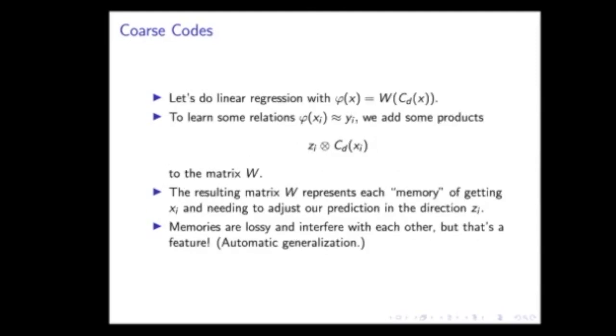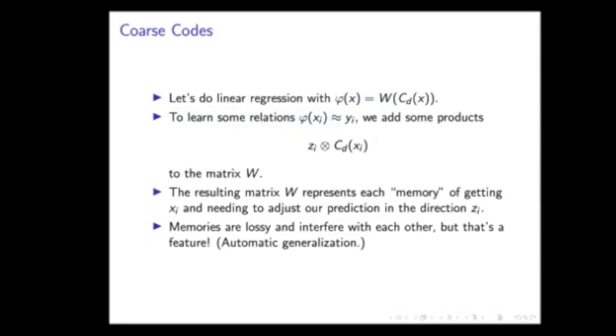What if I do linear regression on a coarse code? I'm going to build a model phi of x by having some matrix multiplied by a coarse code on x, and now let's learn some relationships. What happens when I learn these relationships?